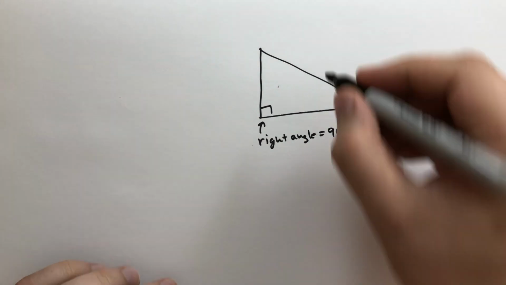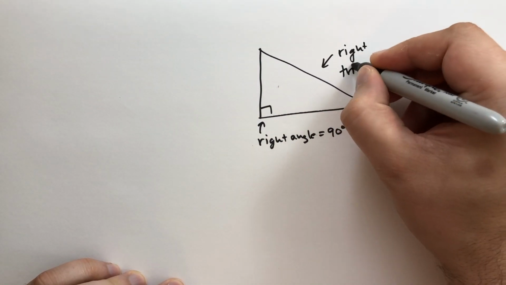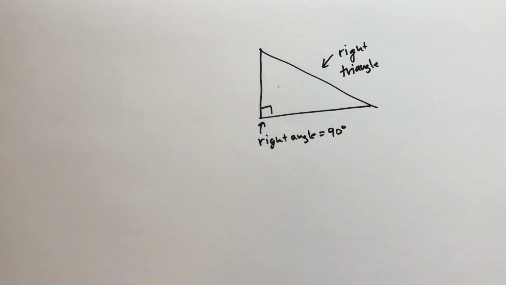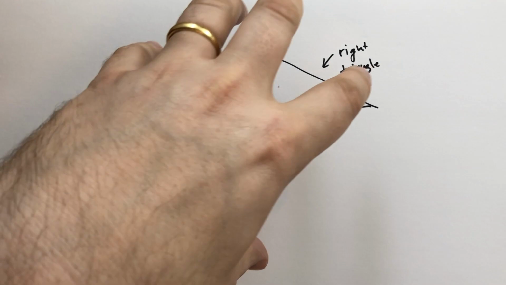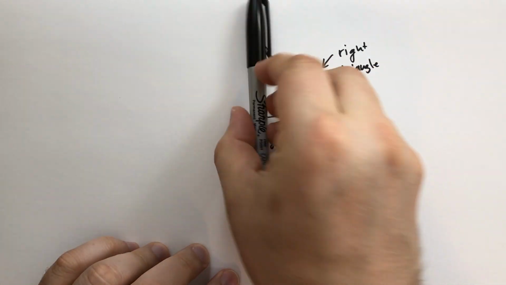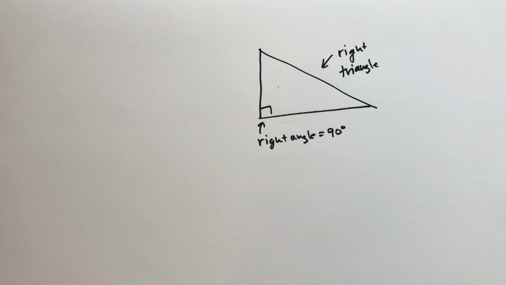Okay, and so this is a right triangle. In a right triangle, we have the property that one of the angles is indeed a right angle. And so these lines are actually perpendicular to one another because of the angle between them.